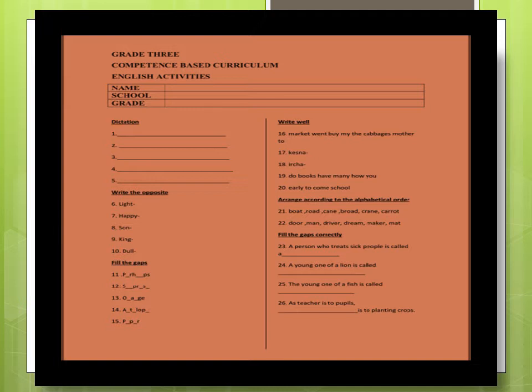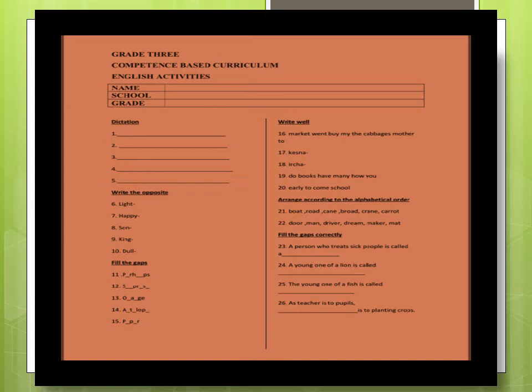Before we start, the first part of English is always dictation. As we revise, I like to give you dictation and make sure you write them. Number 1, elephant. Number 2, engineer.